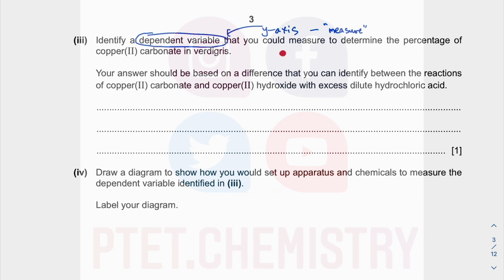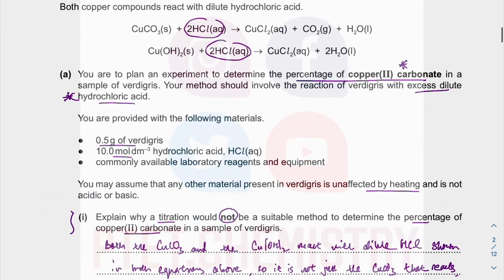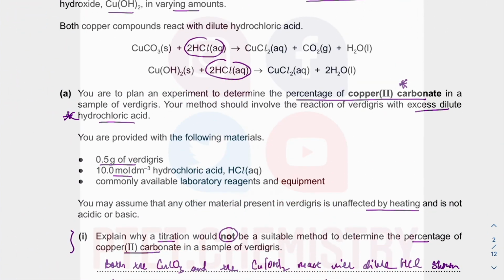What could you measure to determine the percentage of copper carbonate? Earlier, they told you that just reacting with HCl via titration would not tell you specifically the amount of copper carbonate because the other compound can also react. But the only difference here really is the CO2 gas being given out.